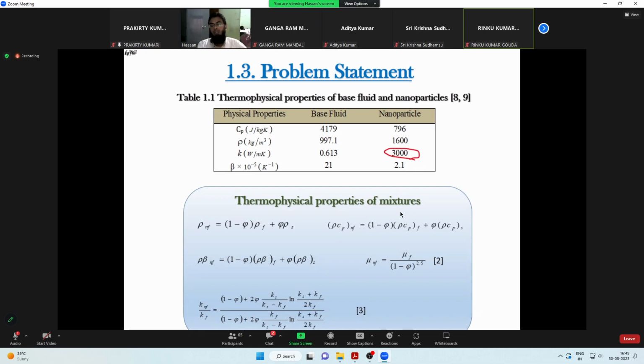It's still open, and a lot of work has been done and is going on by different researchers on how to fine tune and find out the thermophysical properties, and how to correlate them for different base fluids and different nanoparticles. These are some of the correlations existing in the literature, and therefore they have been used. Though an attempt has also been made by several researchers in our lab at NIT Jamshedpur to find out these parameters.